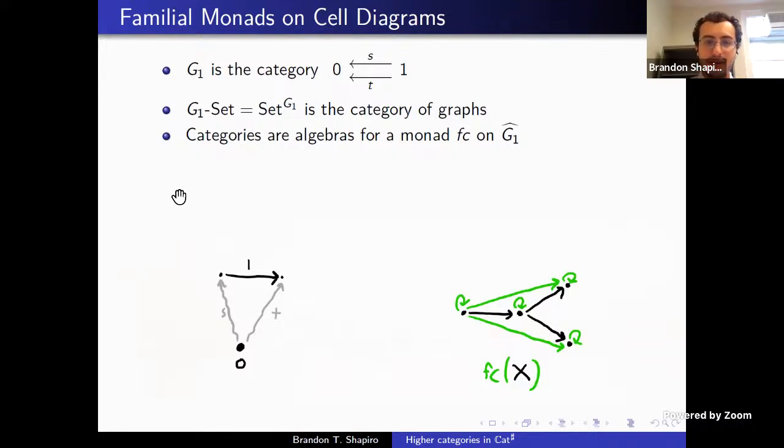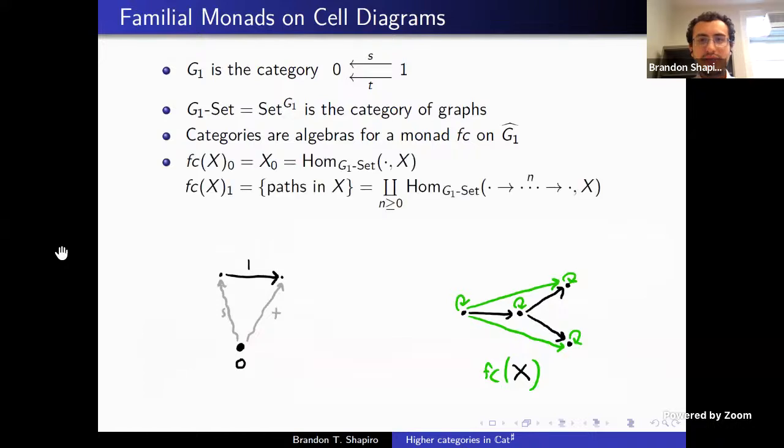And monads, in particular, ones that have a similar form to this, are going to be what we use to generalize categories to these other types of structures. So this monad has a particular form. The vertices are the same. You'll notice I didn't add any vertices, and that's going to be true for any graph.